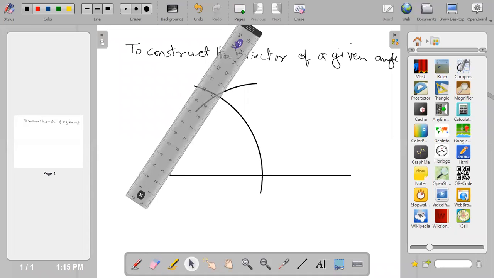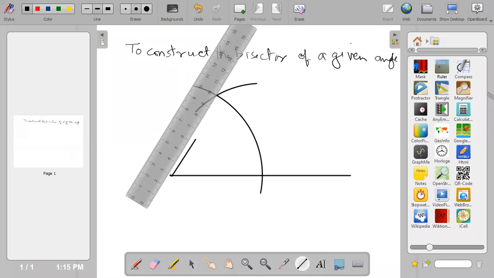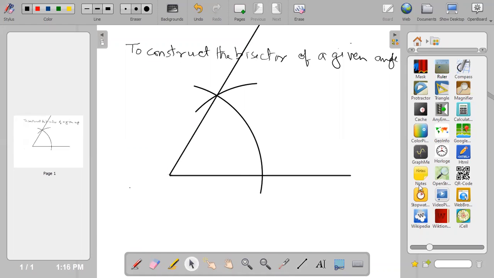Keep the ruler like this, and then draw a line. This is our angle. It can be any angle.